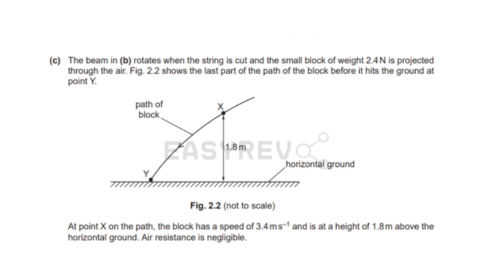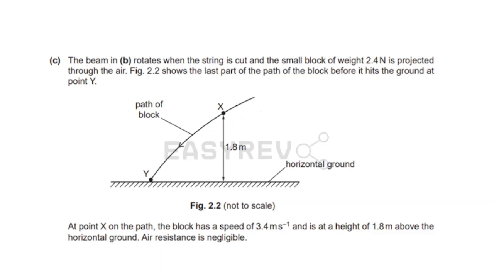The beam in B rotates when the string is cut and the small block of weight 2.4 newtons is projected through the air. Figure 2.2 shows the last part of the path of the block before it hits the ground at point Y. Now at point X on the path, the block has a speed of 3.4 meters per second. And this speed, now notice that this path is now parabolic in nature.